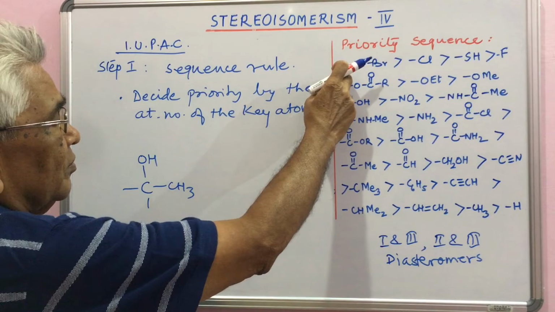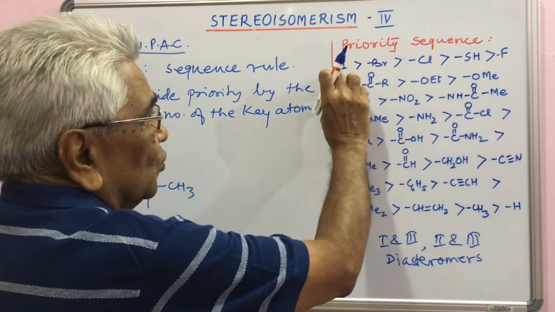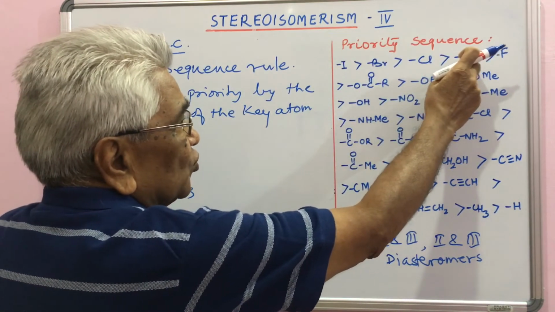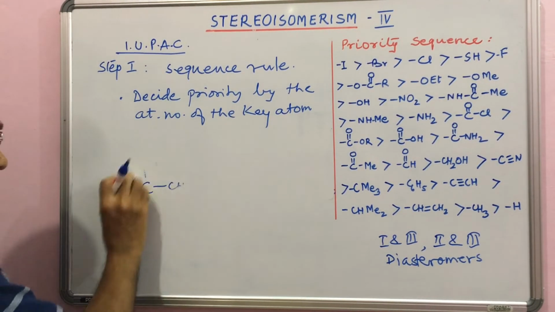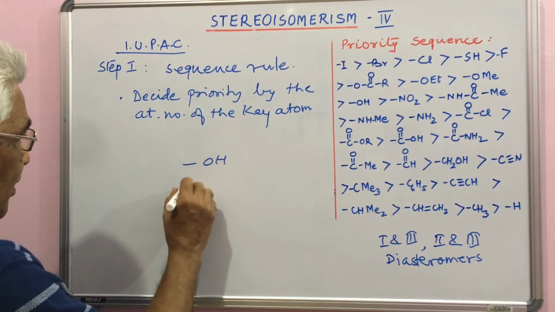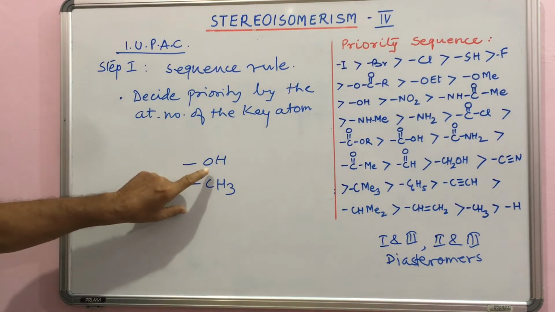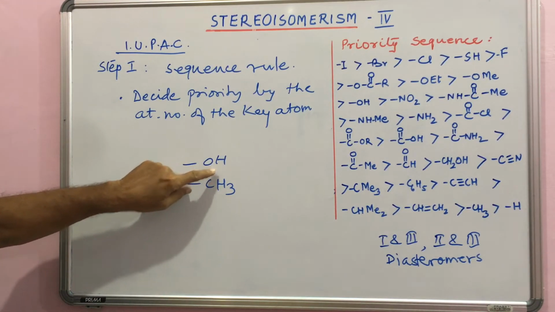The atomic number of iodine is higher than this, than this, than this. So this is the highest priority and this is the lowest priority if the 4 groups are here. If you have OH and CH3, you can decide that this is a higher priority, as oxygen has a greater atomic number than carbon.